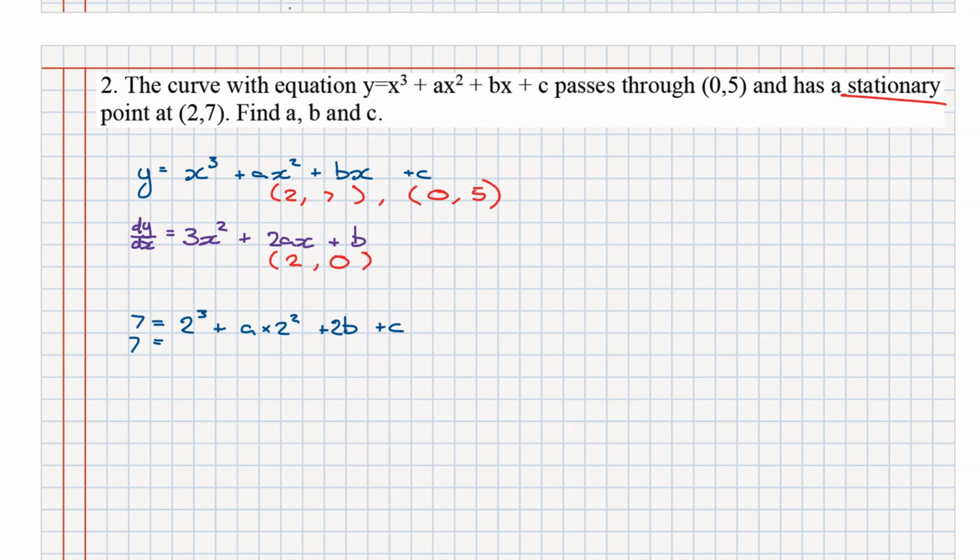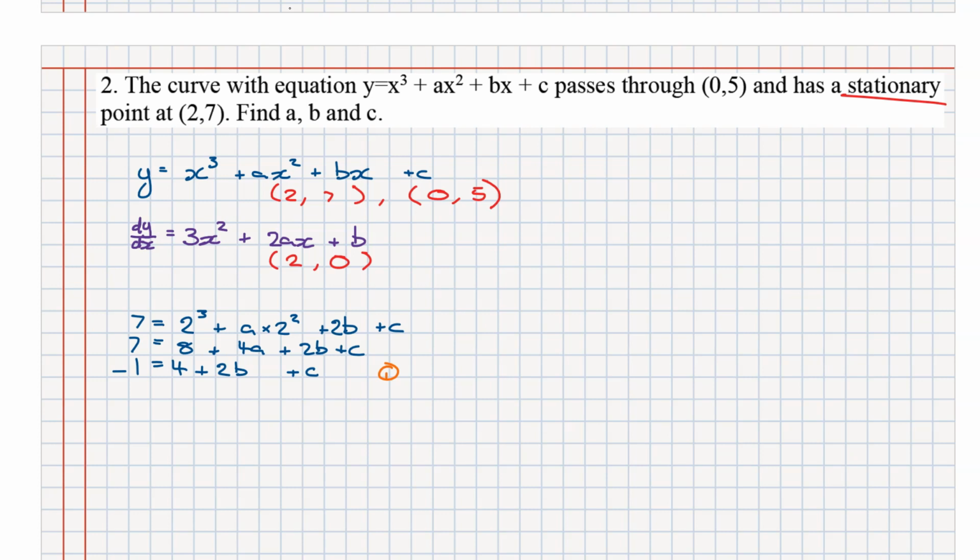This will become 8 plus 4a plus 2b plus c. Then this will become minus 1 equals 4a plus 2b plus c. So this is equation 1.